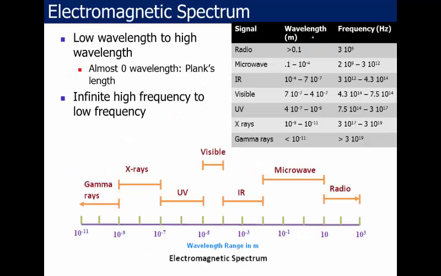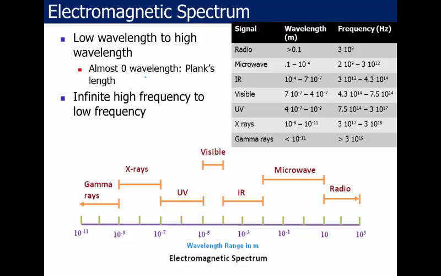Okay, so here's a little bit of summary. Low frequency, low wavelength to higher wavelength, almost zero wavelength to Planck's length. So wavelength is almost zero. Angstrom is maybe 10 to the negative 10 meters, right?